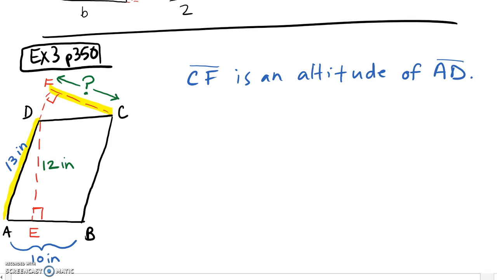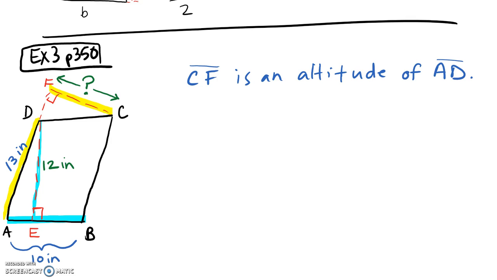The second thing that you should see is very similar, is that this side right here, which we'll call ED, or DE to alphabetize them, is perpendicular to AB.